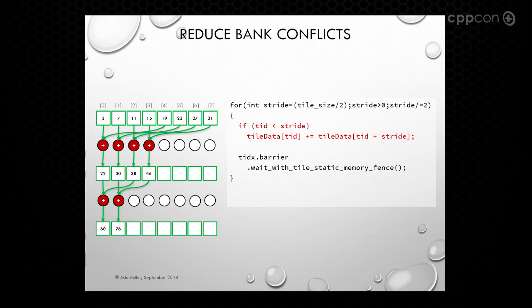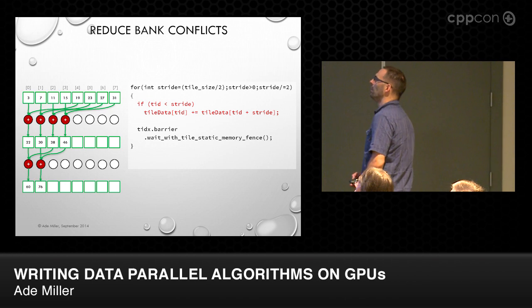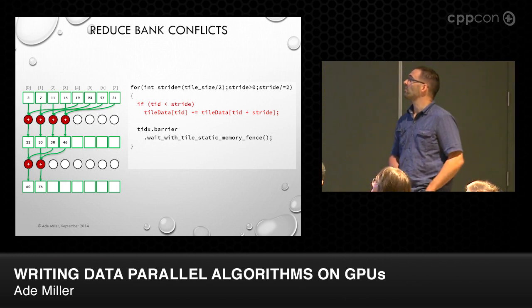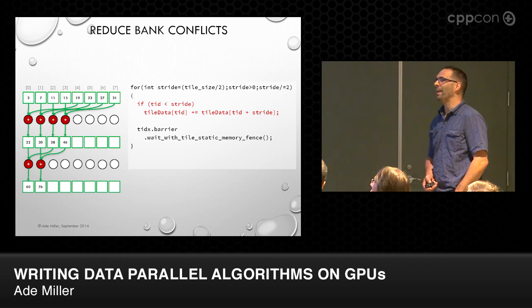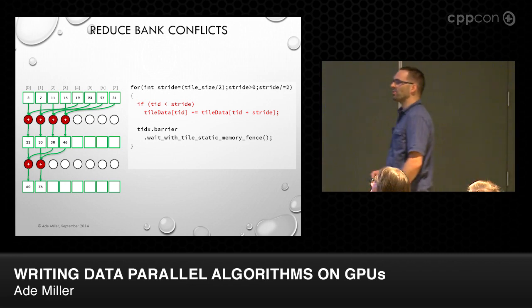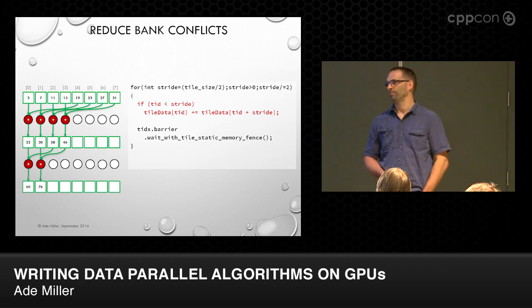So the final thing that I want to do is deal with a little bit of this memory access pattern. It turns out that the way that the memory works in tile static memory is it's arranged into banks. And in a memory bank, you either want everybody reading the same value or everyone reading from different banks.